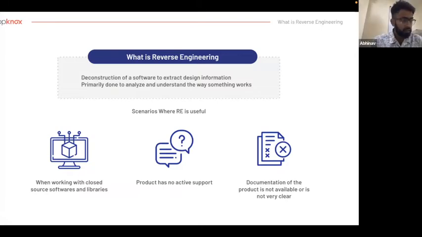Some other scenarios like this can also be when the product has no active support. If you have an integrated product that is deprecated, but you still have to use it and things go wrong or you need to troubleshoot, reverse engineering can be your friend here as well. And lastly, if the documentation of a product is unavailable or not very clear, in that scenario also, this is something that can be really useful.